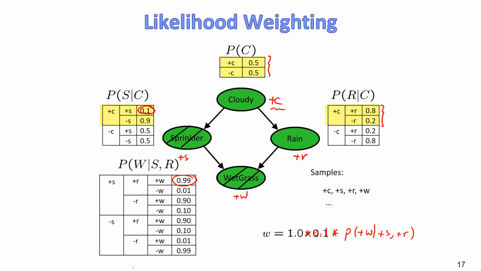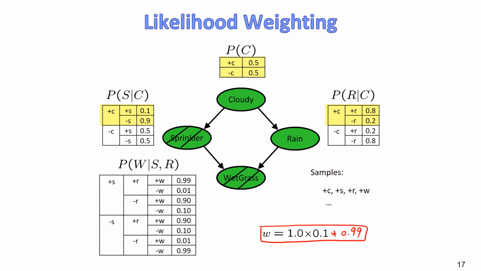So this will be 0.99. Are we done? Yes, we are done because that was the last variable, and that will be the weight of this sample. So we got that sample now. Okay, plus C, plus S, plus R, plus W, and its weight is whatever the value will be, which I think will be 0.099.